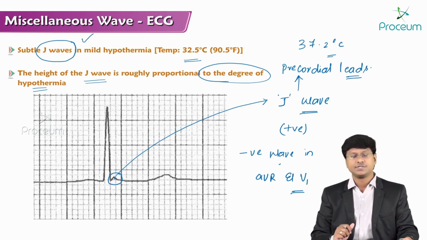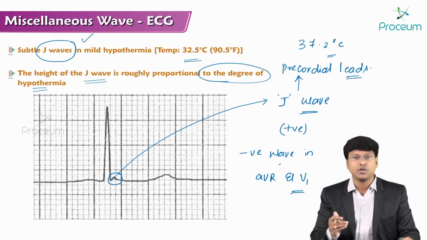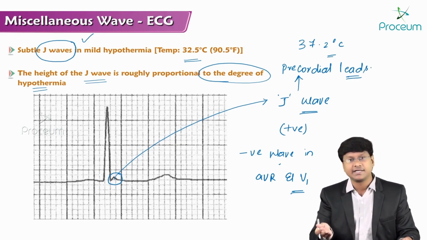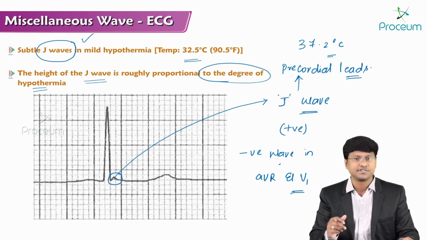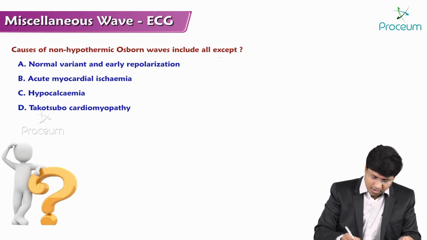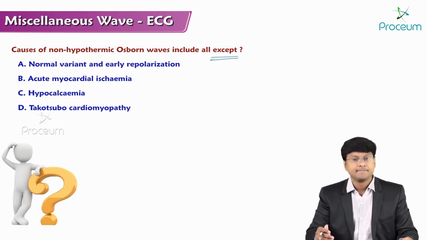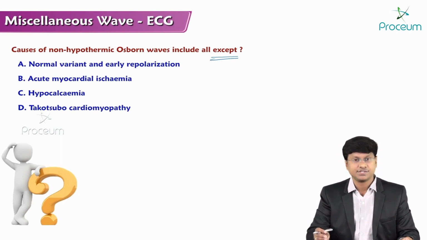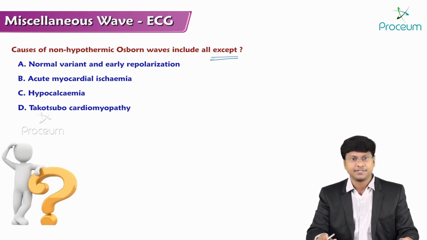Next, let me tell you what are the other conditions where you have the presence of the J wave or the Osborne wave. Yes, you see this question. Causes of non-hypothermic Osborne waves include all except: the options are normal variant and early repolarization, acute myocardial ischemia, hypocalcemia, Takotsubo cardiomyopathy.